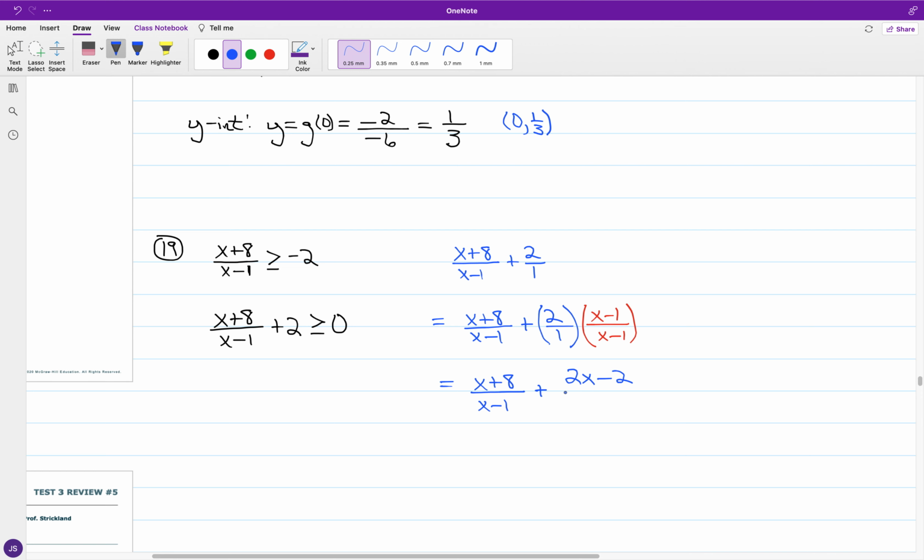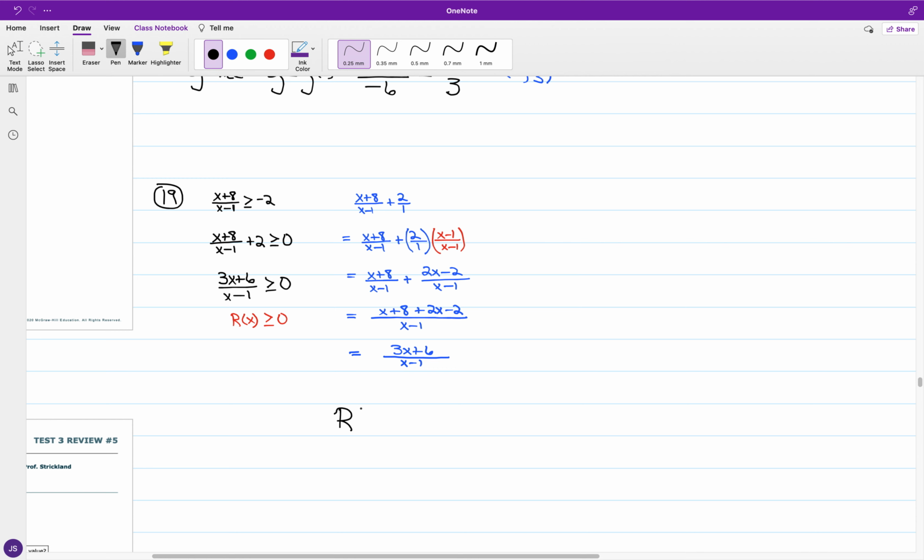Taking what we have here, r of x is equal to 3x plus 6 all over x minus 1.